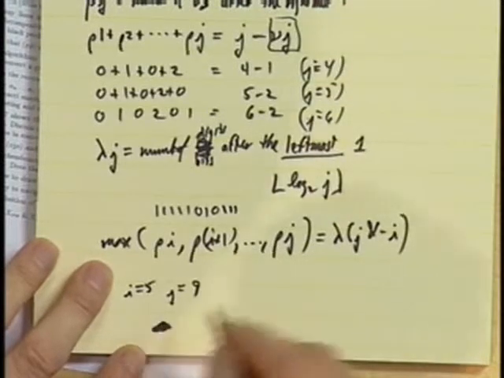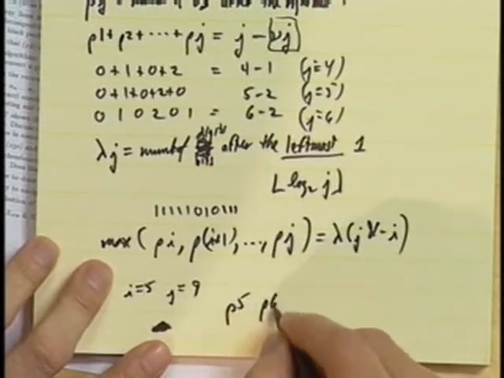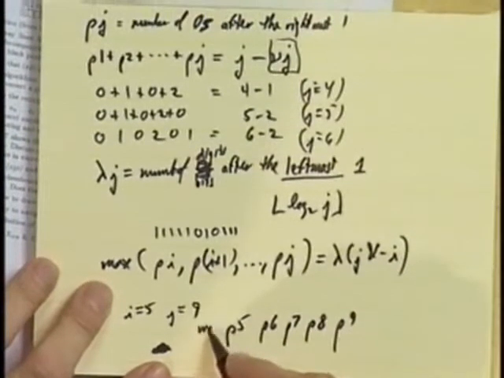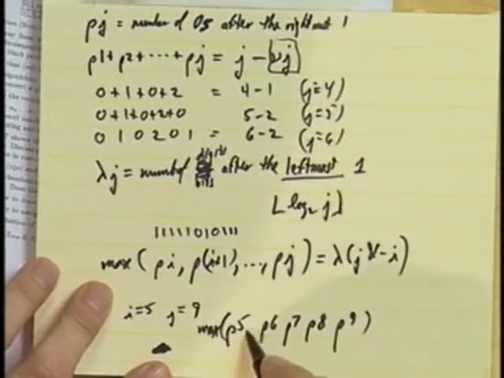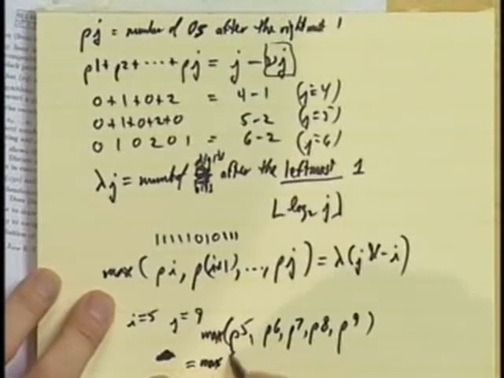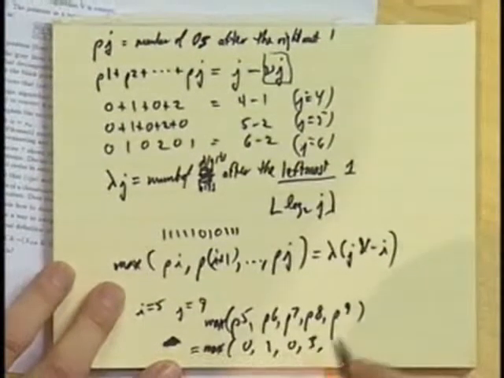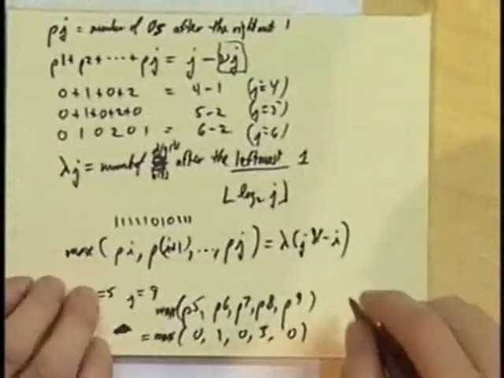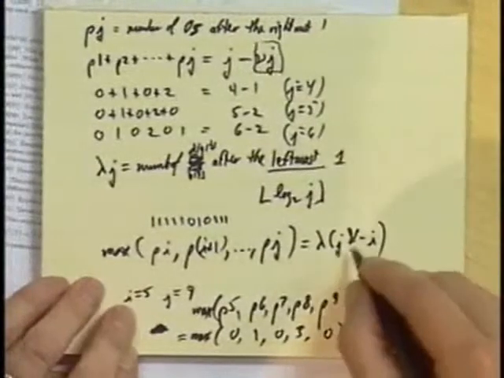Let me write it down. Rho of 5, rho of 6, rho of 7, rho of 8, rho of 9. So I want the max of this. So that's the max of 0, 1, 0, 3, 0. Okay. Now, what is 9 and minus I?